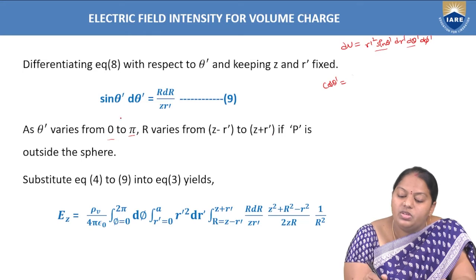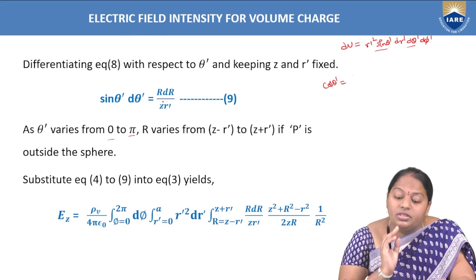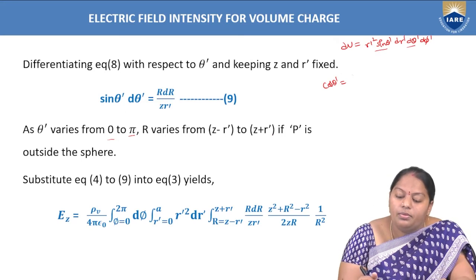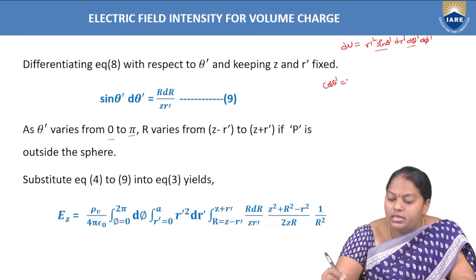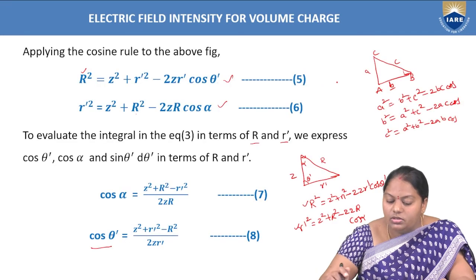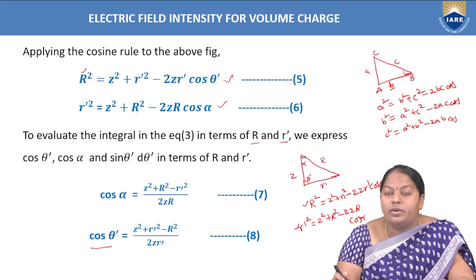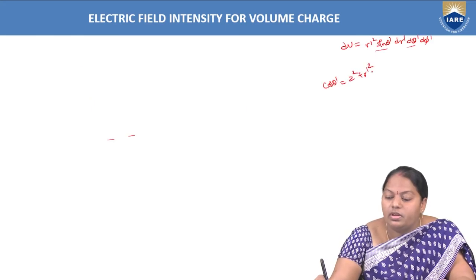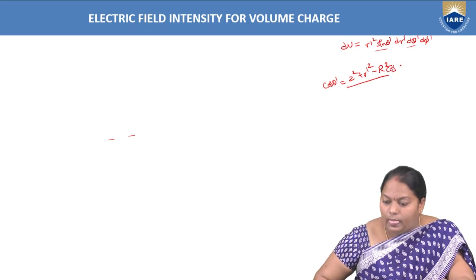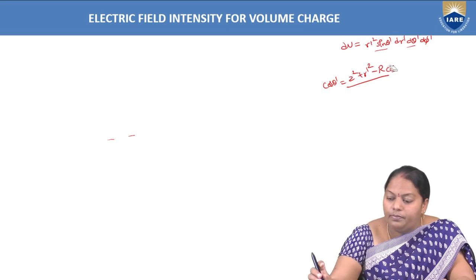Now we substitute in place of theta dash, first 0. Previously cos theta dash is equal to z square plus r dash square minus R square by 2zr dash.